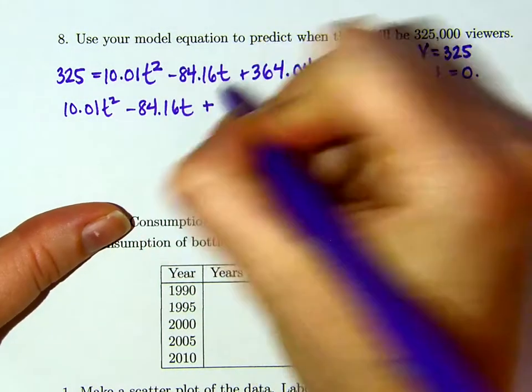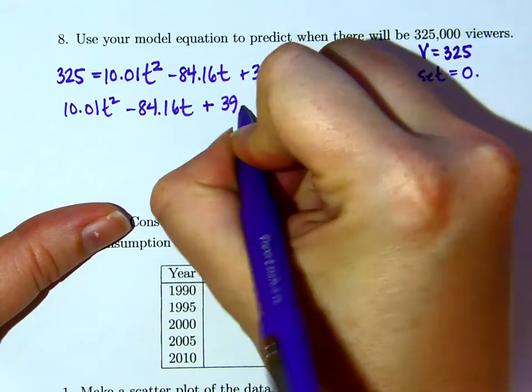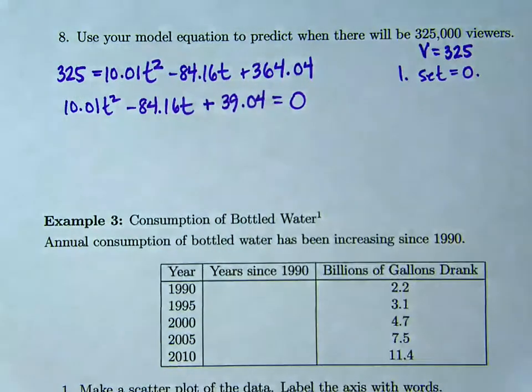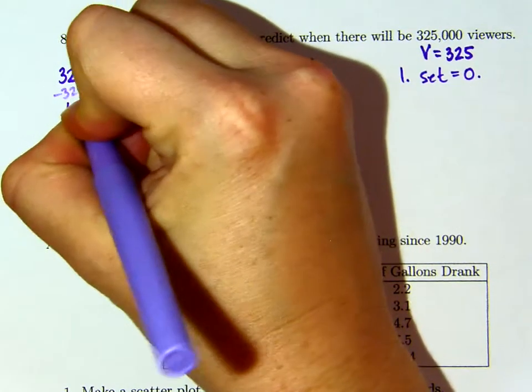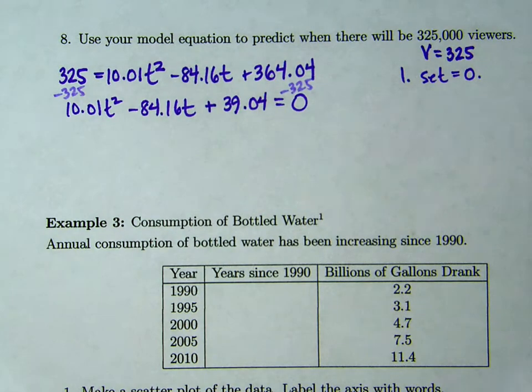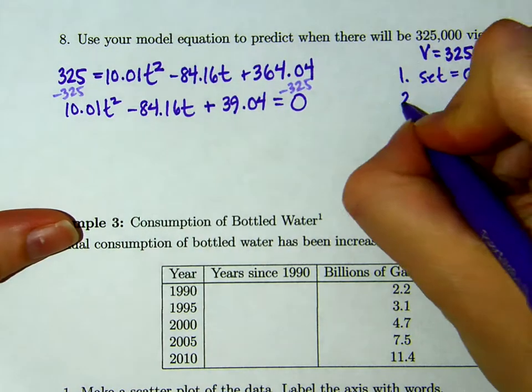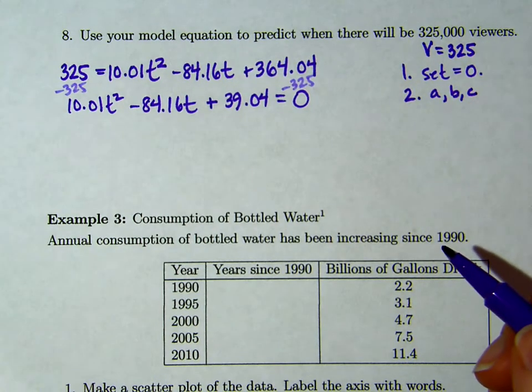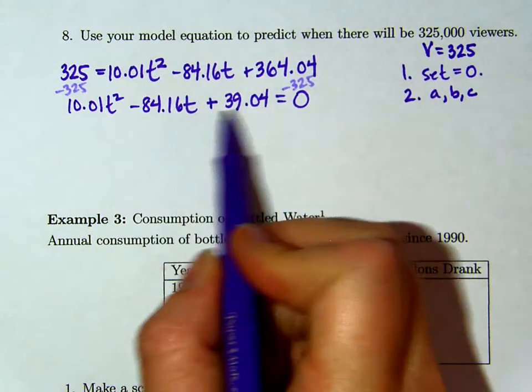That is 39.04. Okay, so I subtracted 325 from both sides. Got it. And now step 2, ABC. Okay, so there's my A, my B, my C.